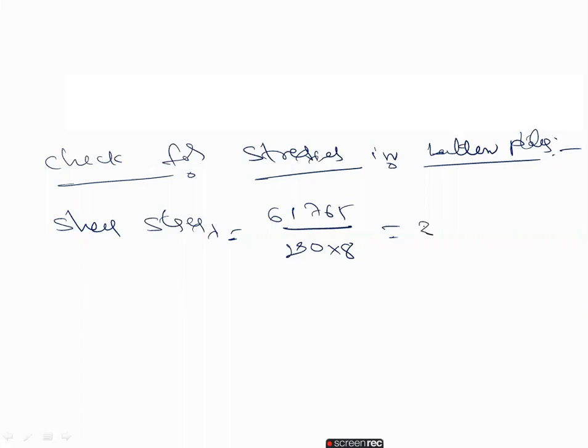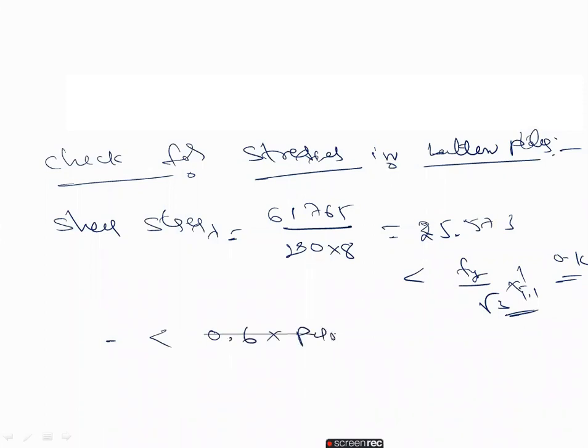So you will get the answer around 25.573, which is less than Fy by root 3 into 1 by 1.1. So hence it is okay. Even the shear stress is less than 0.6 times the permissible stress. Actually, this is not needed, you only check this one.